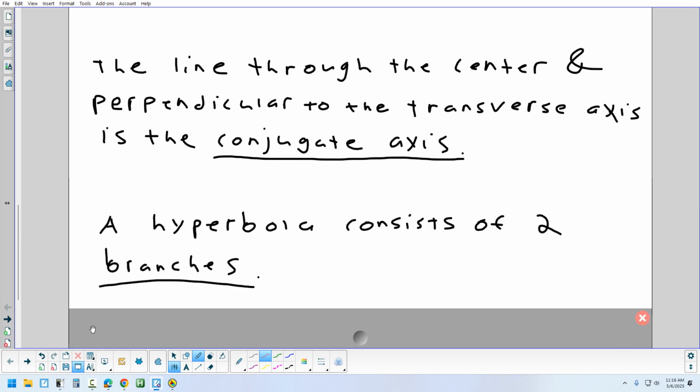The two pieces, and this is the only conic section that when you draw it, it is two separate pieces that don't touch. The pieces are called the branches. So your branches either open up and down, or they open left and right. So those are your two cases.